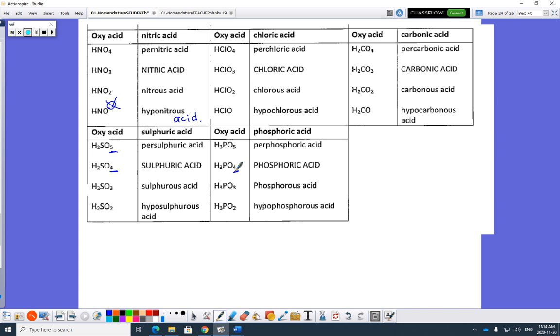Same thing with phosphoric. All the other ones, their ATE form is 3, okay? And remember, if I wanted you to name this like an acid, it's going to say beside it, acid, okay?